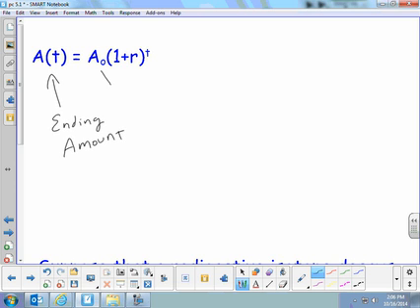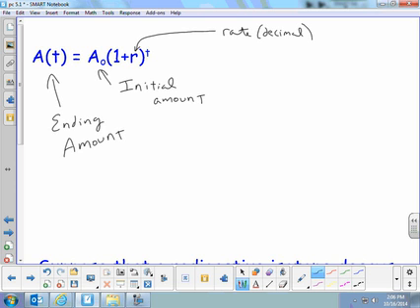The A sub 0, or the A naught, is your starting point, or initial amount. Your r is your rate, and it needs to be a decimal. And t, you should be able to figure out what t is. It is time.